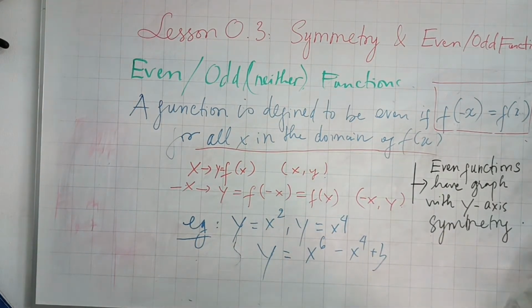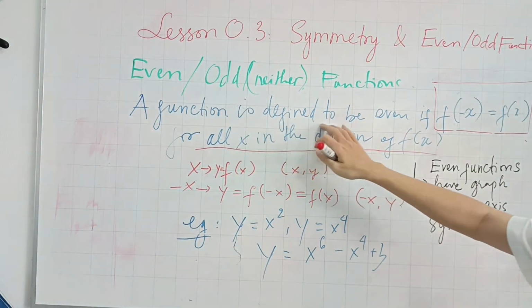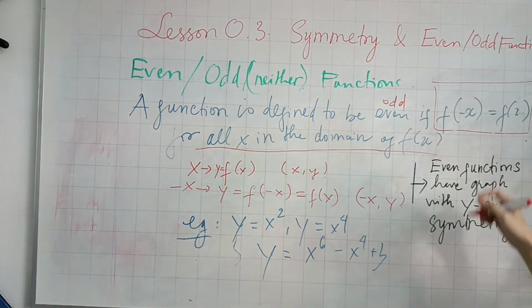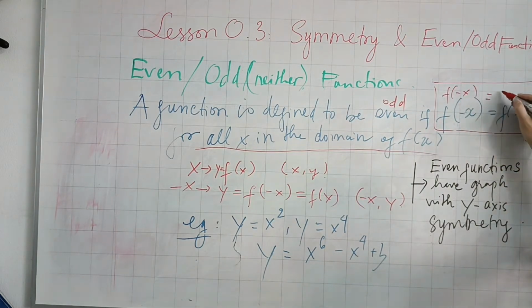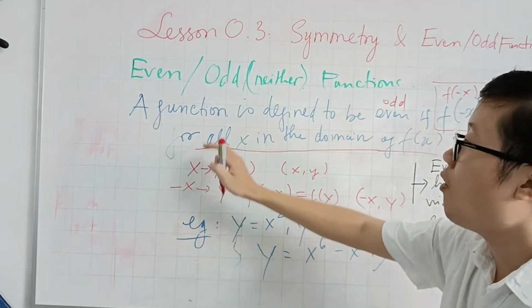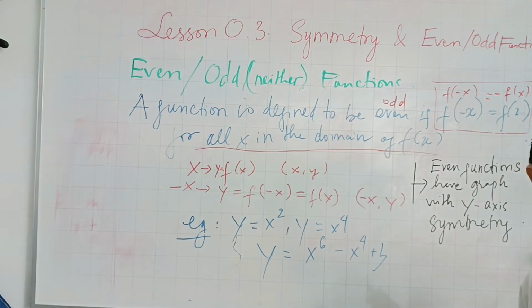And we move to another type. A function is defined to be odd if f(-x) equals negative f(x). And it also requires the condition for all x in the domain of f(x).